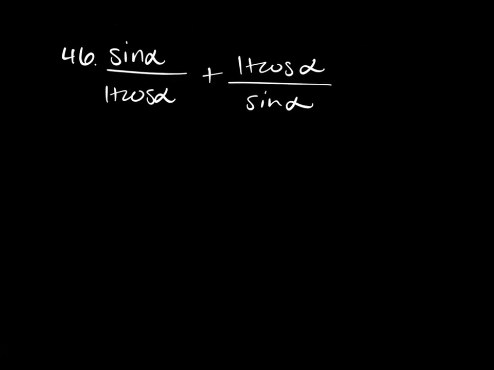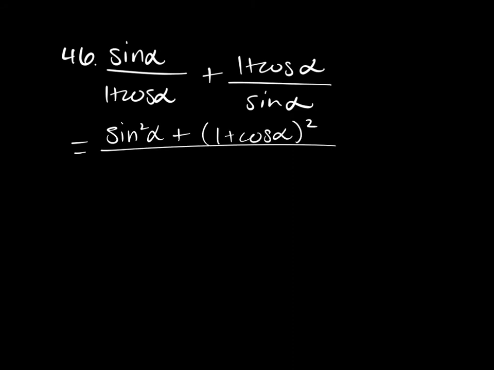We have sine of alpha over 1 plus cosine alpha plus 1 plus cosine alpha over sine of alpha. So first thing I'm going to do is get a common denominator because I'm already in sines and cosines here, so I can't simplify that way first. So I'm just going to get a common denominator. I get sine squared alpha plus quantity 1 plus cosine alpha squared all over sine of alpha times 1 plus cosine alpha.